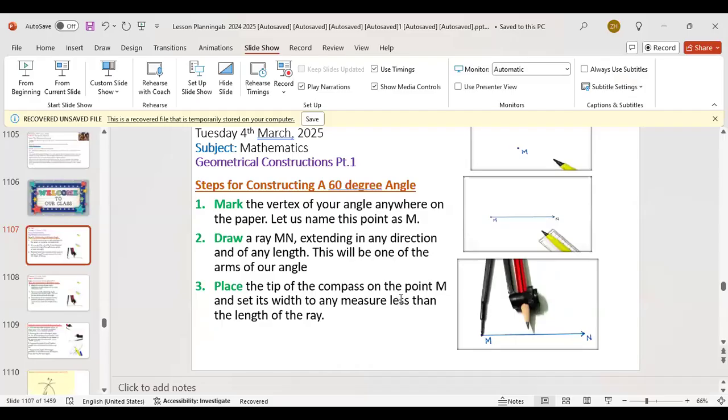I would say set its width to about 40%. Well, let's say a little less than half of the length of the ray.